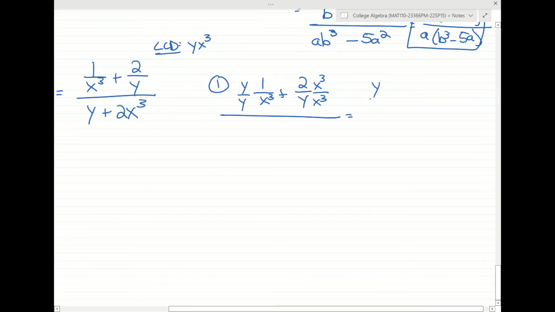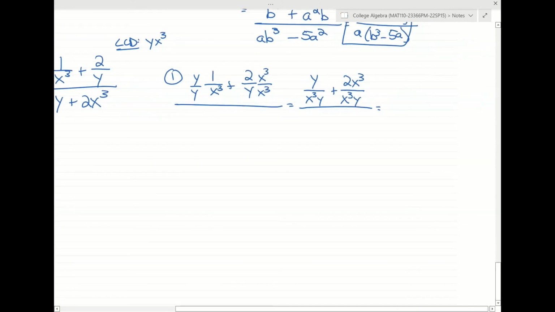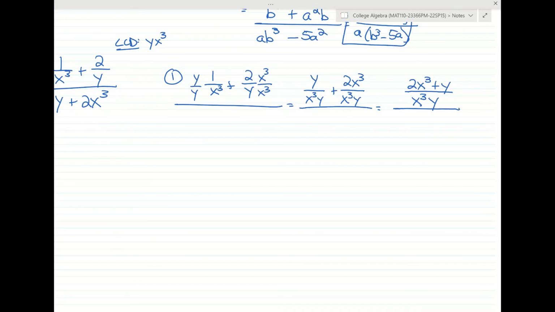We wind up with y over x to the third y plus 2x to the third over x to the third y, which is just 2x to the third plus y divided by x to the third y. And the bottom doesn't change, it's just y plus 2x to the third.